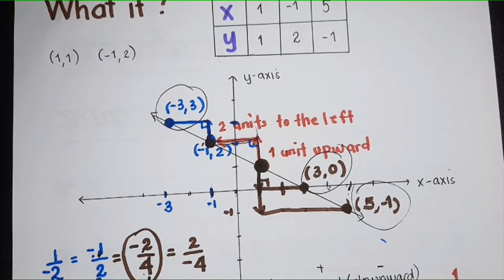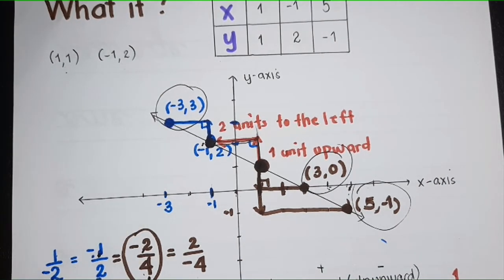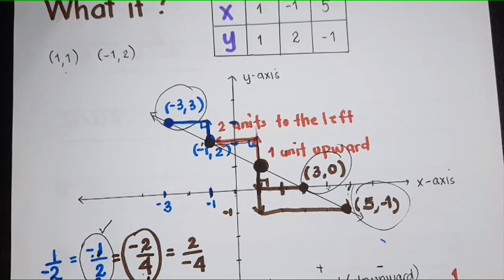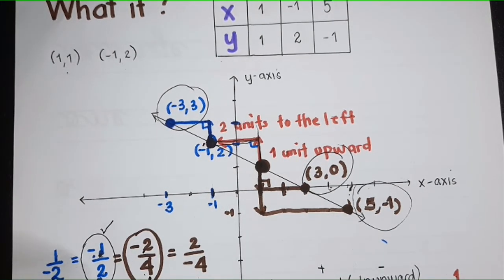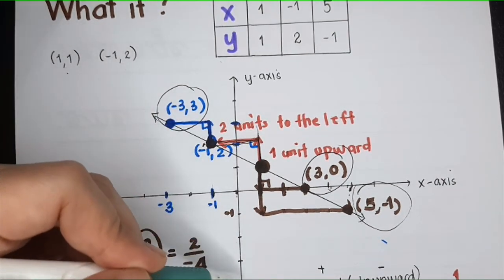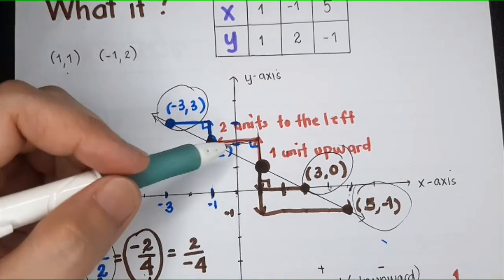Okay, this is what you will do without doing the rise over run technique. Isn't this the first points you chose? Consider any of these. Okay, let's consider negative 1 over 2. Please remember, in our rise over run technique, the rise refers to the upward or downward movement, so this refers to the change in y values.